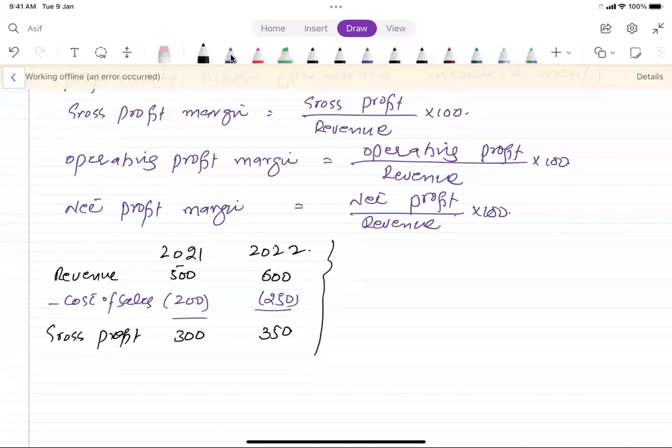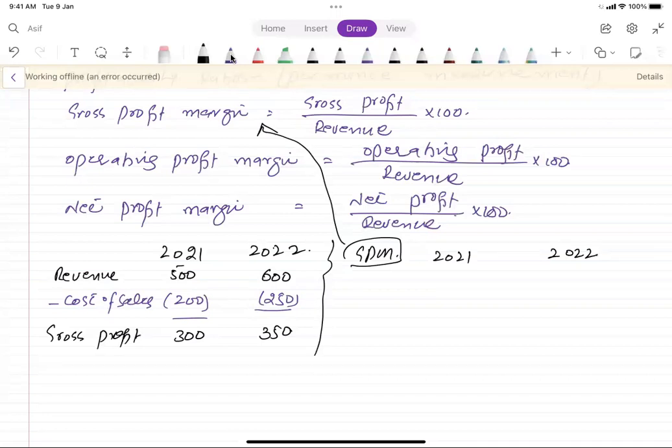But we economists, we business students do not think in this way. We always calculate gross profit margin. GPM stands for gross profit margin, and we calculate the equation in such a way that ratios are in front of us. Let's calculate gross profit margin for 2021 and then 2022.